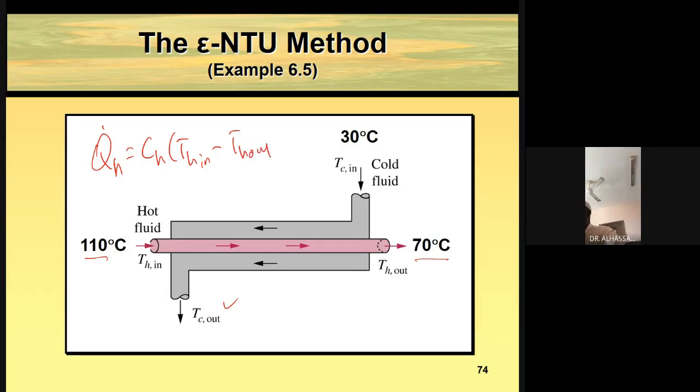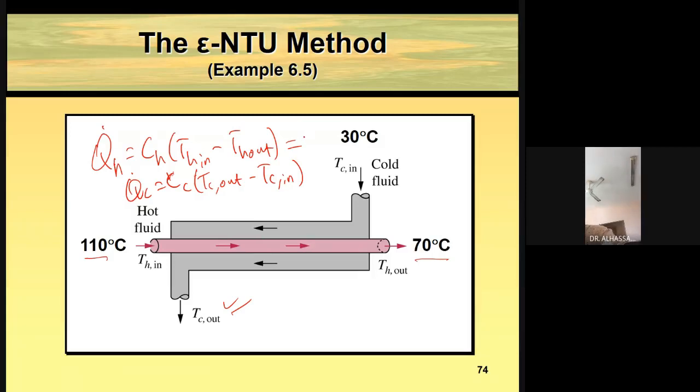So if you get this value, this should be equal to QC, which is equal to C, the heat capacity for the cold, times the temperature difference. So the temperature difference now is going to give us the temperature for the cold outlet minus temperature for the cold inlet. So we don't know this one.